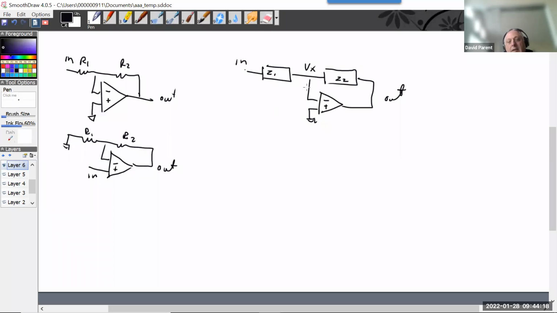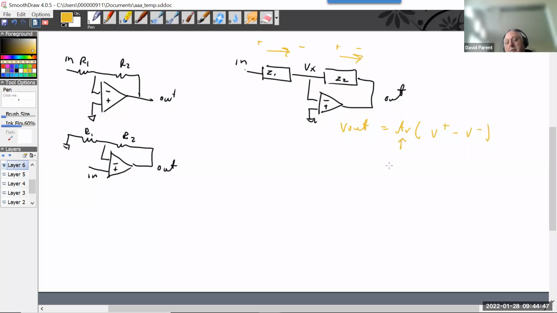So nodal analysis is the way to go. I assign my currents and my voltage drops, right? So this is a behavioral source. And so V out equals some gain times the difference of these two inputs.